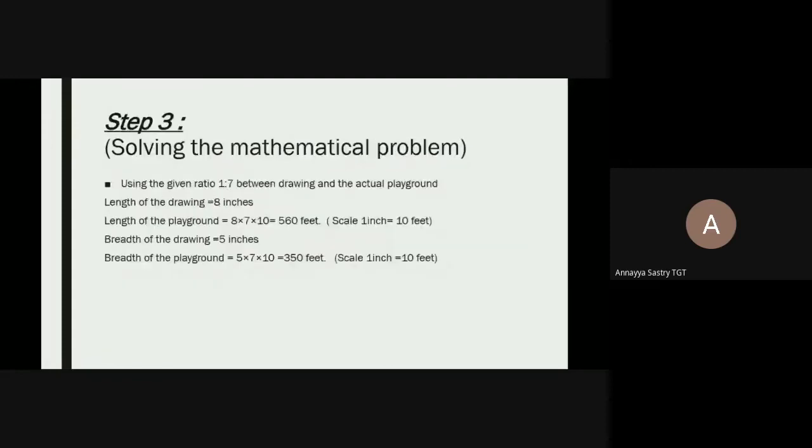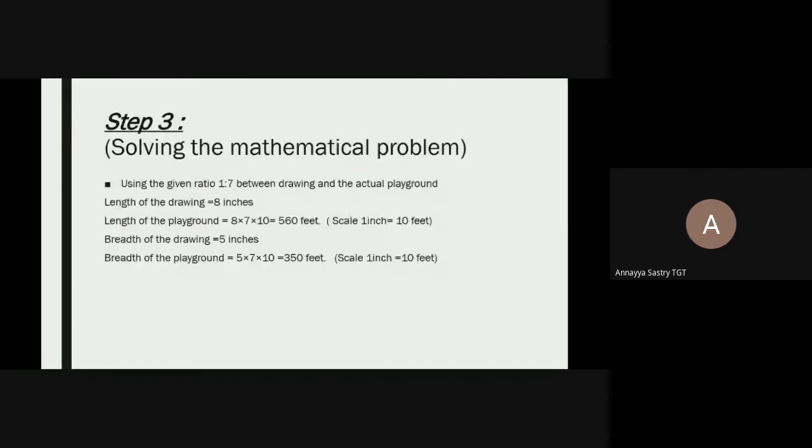For solving this problem, we will be using this ratio between the drawing and the actual playground. First we will find the length of the playground. The length of the drawing is 8 inches, so 7 times 8 gives 56.